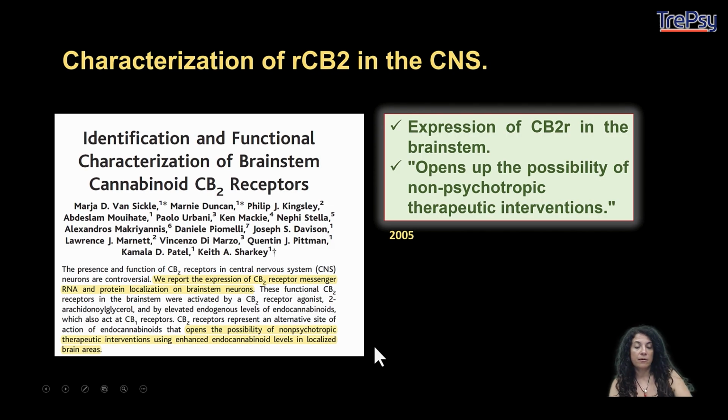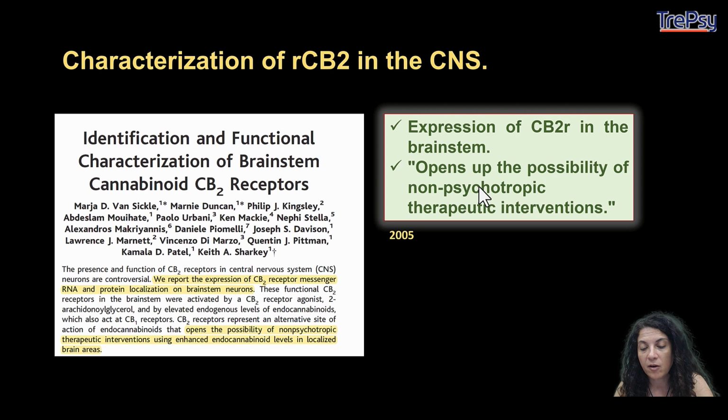But this work from 2005 from Marta Van Sickle is a very, very important work because she could characterize the CB2 receptor, the expression of CB2 receptor in the brainstem in non-pathological condition. It opened up the possibility of non-psychotropic therapeutic intervention.